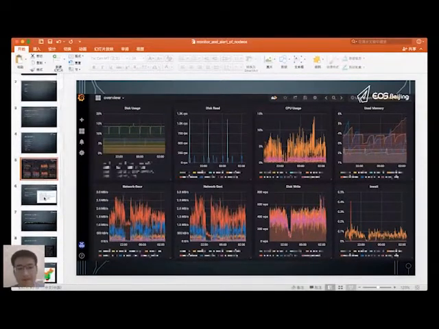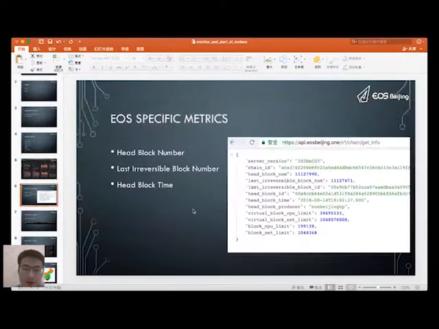Okay, I will talk about some EOS specific metrics that you may want to collect. First, I think the most important is that you should know whether your node is catching up to the head. There are three metrics that can tell you about this: the head block number, the LIB number, and the head block time.